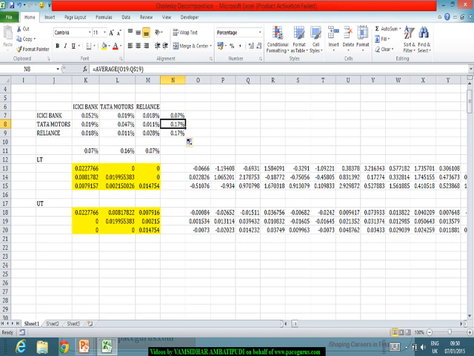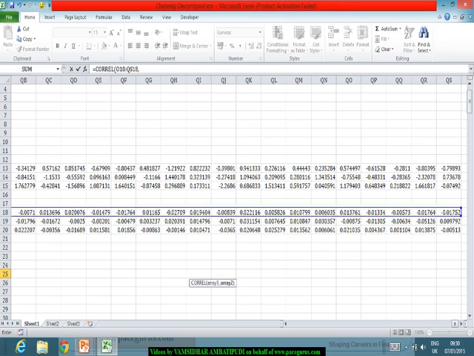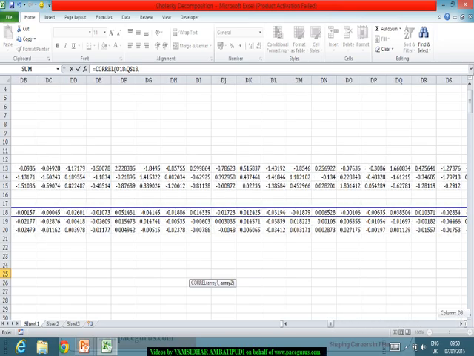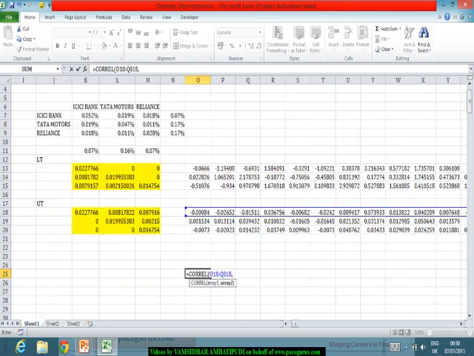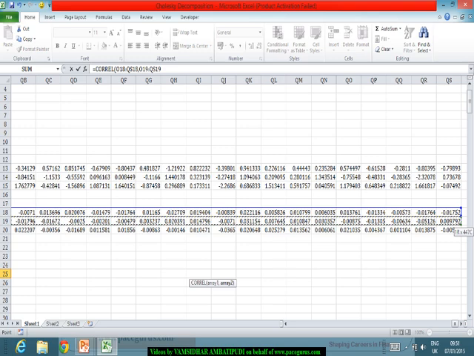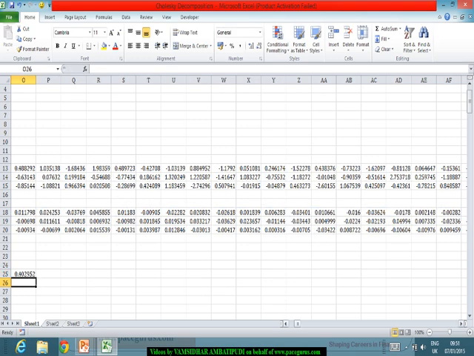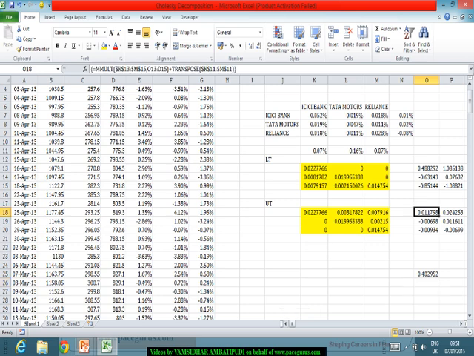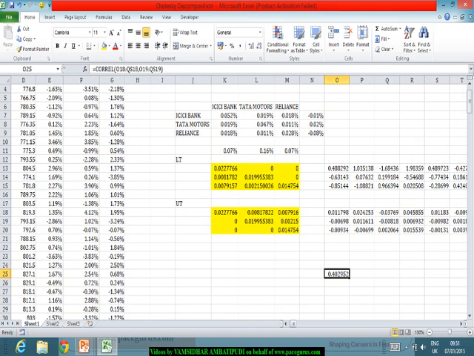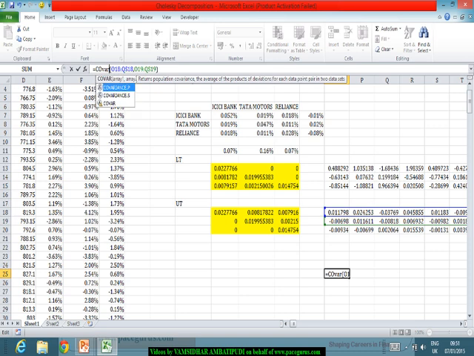But when I go with the correlation between them, the correlation between the ICICI returns and this is working out to 0.4, and probably I can even take the covariance just to see whether the covariance matrix has more or less worked or not.